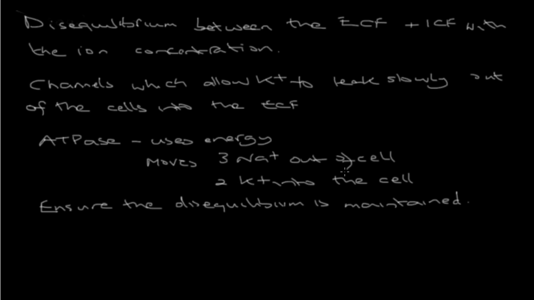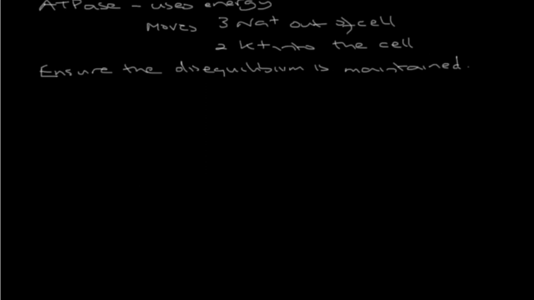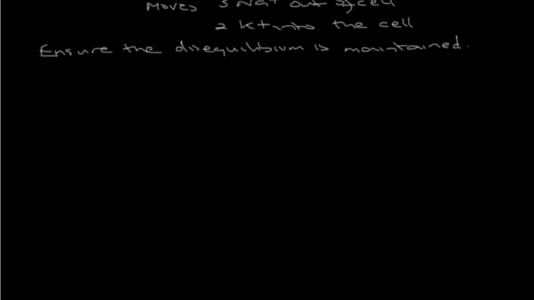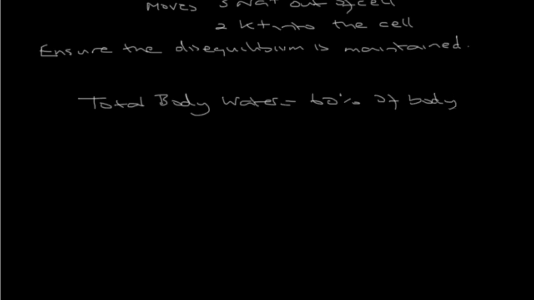So just to go back to the constituents of the water within the different compartments, we can break it down. We know that the total body water is equivalent to about 60% of body weight.